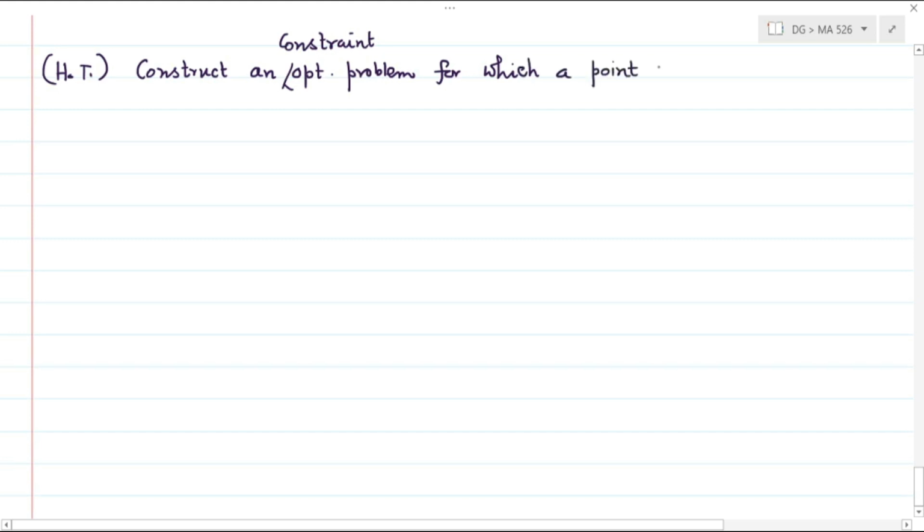Find or construct a constrained optimization problem for which the point x naught is a KKT point, but x naught is not optimum. Can you find it?